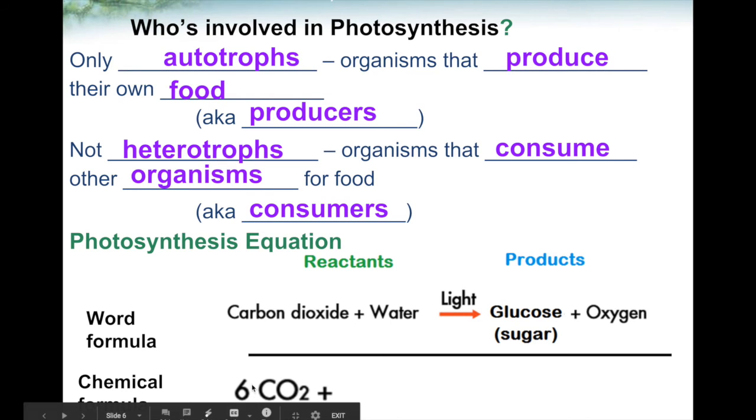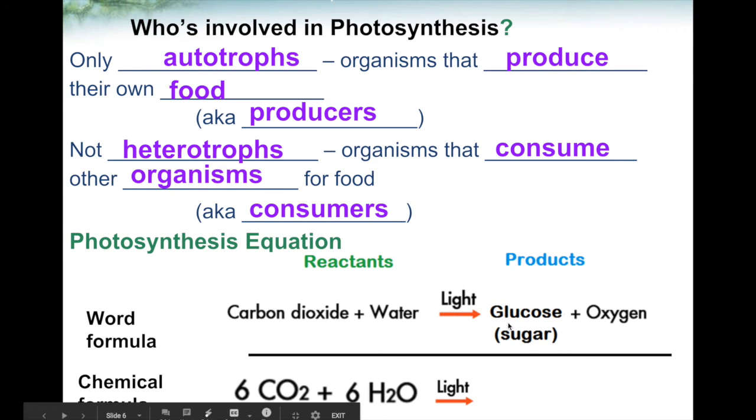But the producer needs 6 of these carbon dioxide molecules. For water, water is represented by H2O. That means it needs 2 hydrogen atoms and an oxygen atom to make H2O or water. But it needs 6 molecules of water in order to do photosynthesis. And lastly, it needs light.